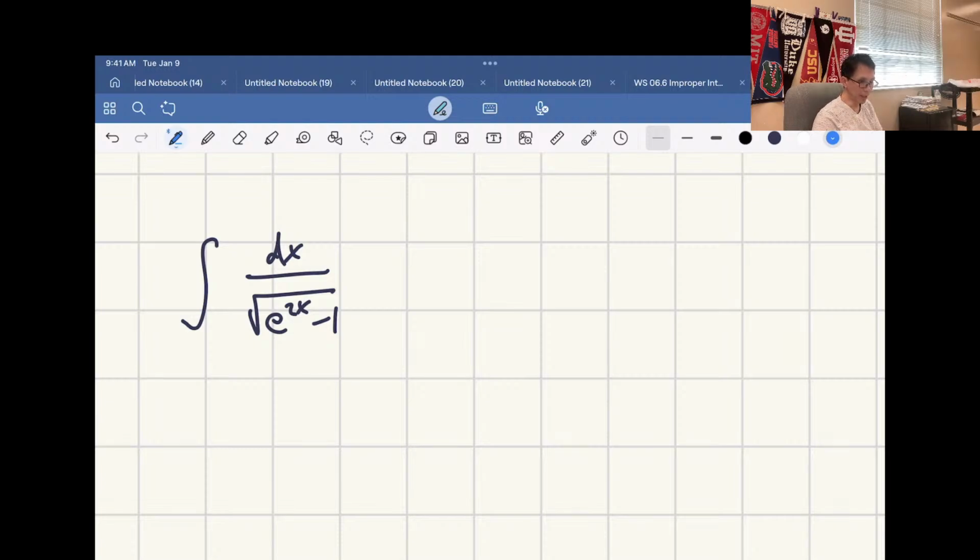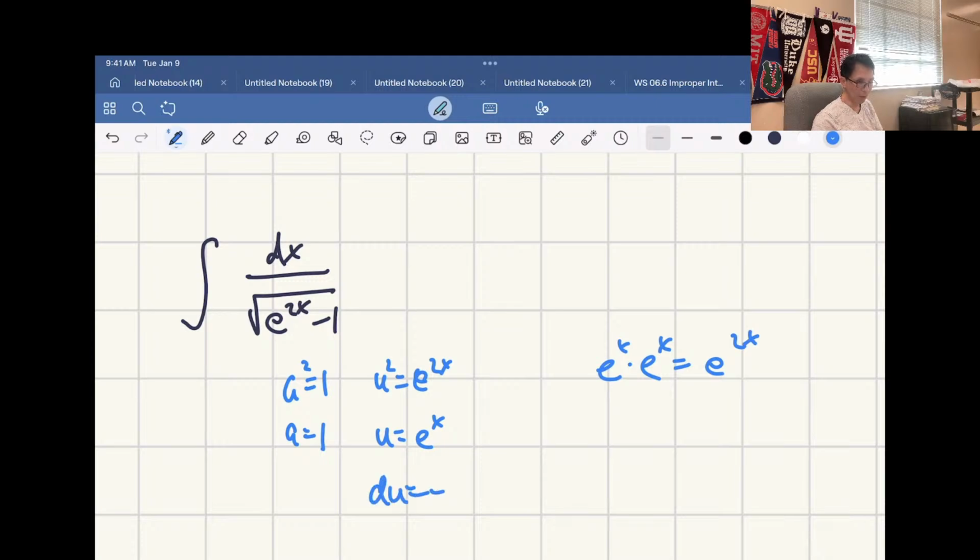What Austin said is, well, a squared is equal to 1, so a must be equal to 1. u squared is equal to e to the 2x, right? u equal to e to the x, because e to the x times e to the x is equal to e to the 2x. So du equal to e to the x dx. du over e to the x equal to dx.